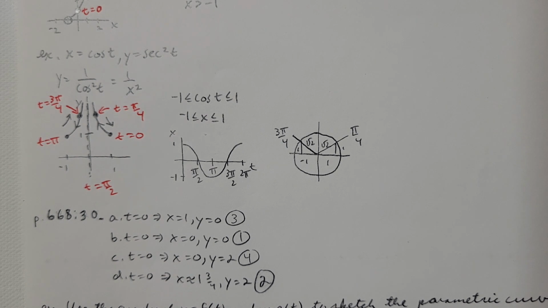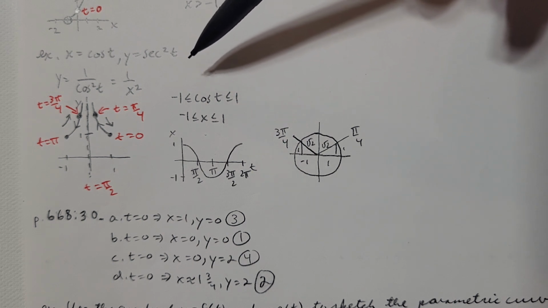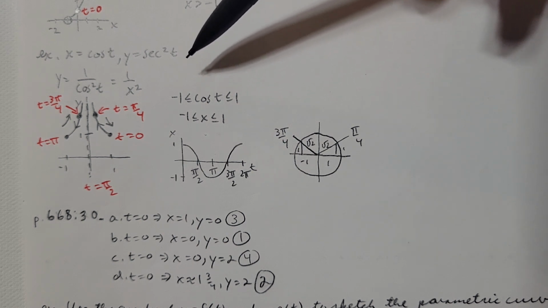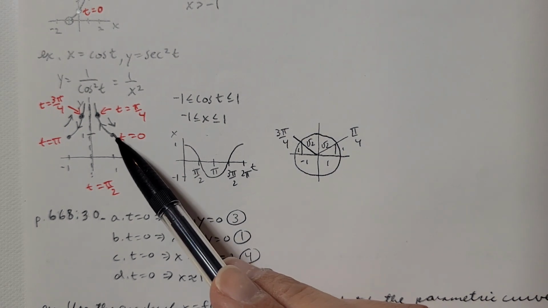Now, again, the last thing I'd have to do is to see how I've got this traced out. So I don't have conditions on t. t can be anything. So if t is 0, cosine of 0 is 1, and 1 over cosine squared of 0, that'd be 1. So the point 1, 1 would be on the graph.